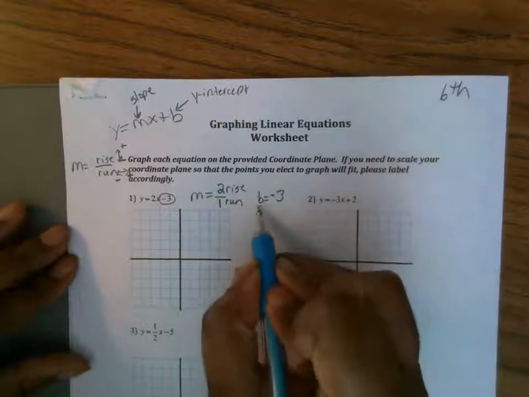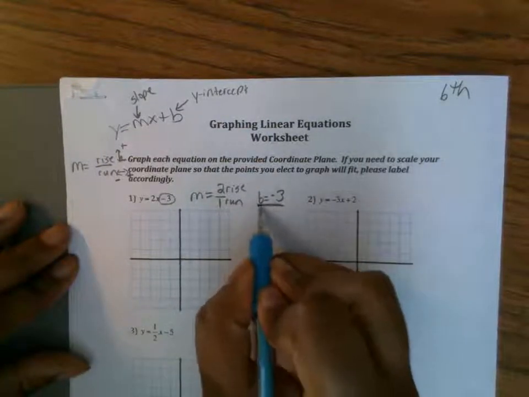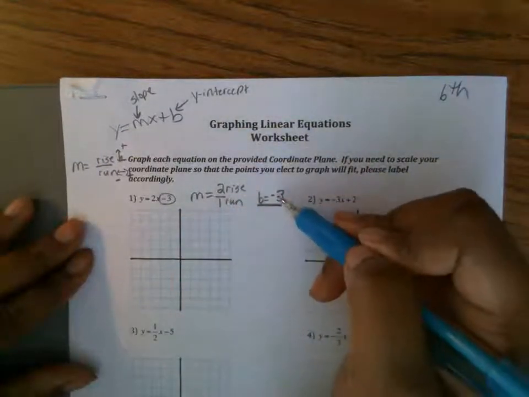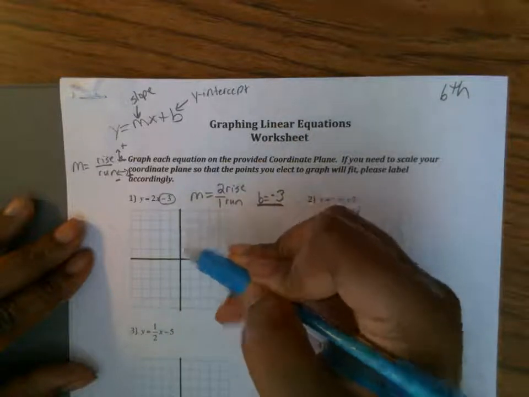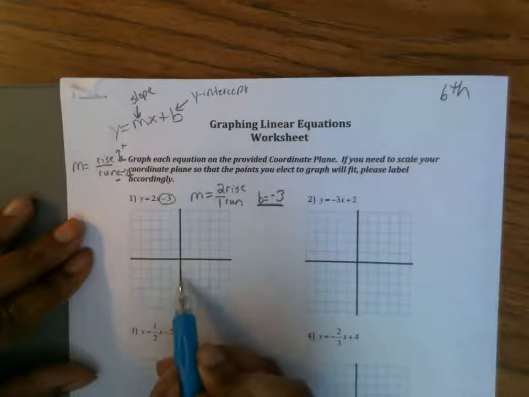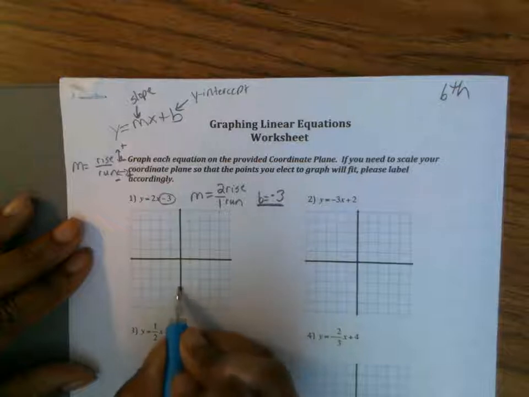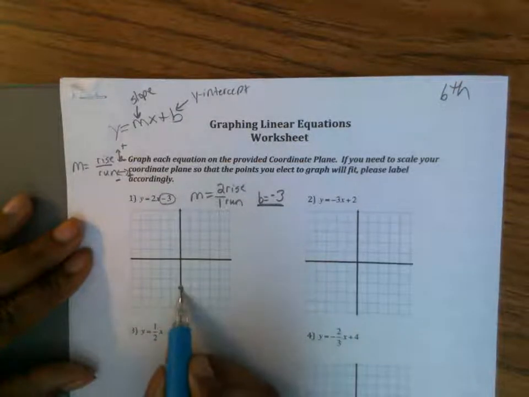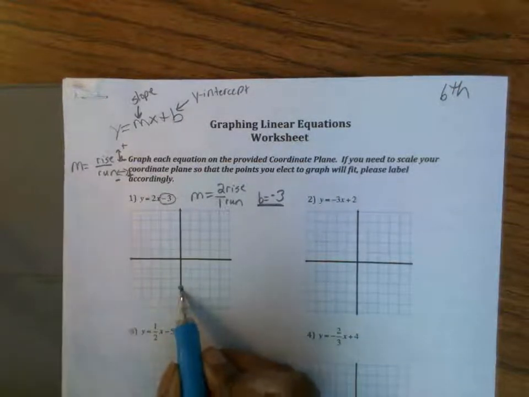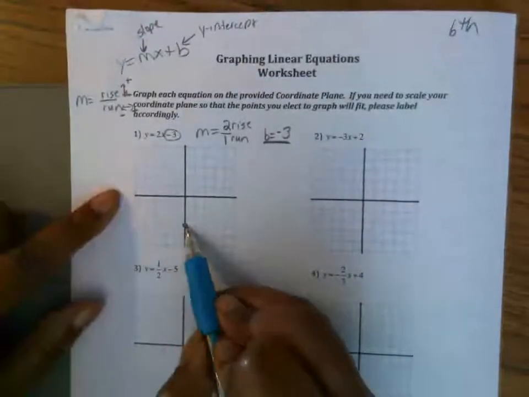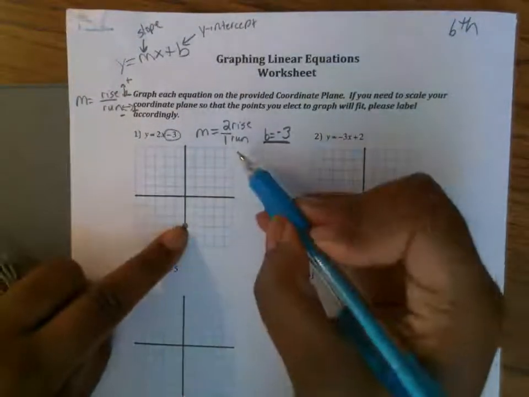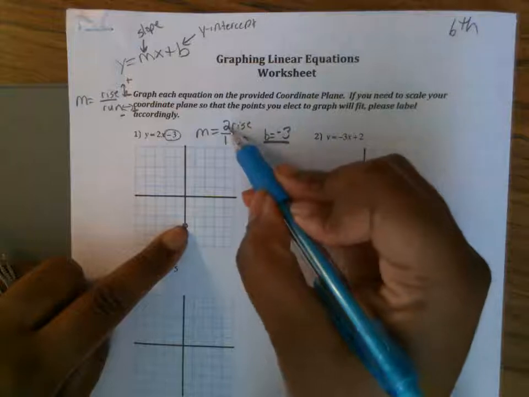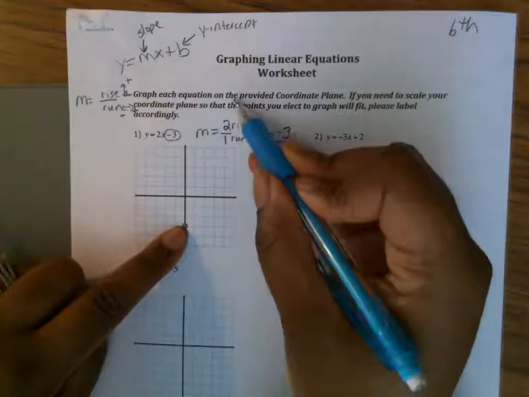Now, we're going to find b on the y-axis. This is where we start. Negative 3 on the y-axis is down 1, 2, 3. It's here. So this is where we start. Now we're going to take our rise over our run. Our rise is positive 2, so go up 2.